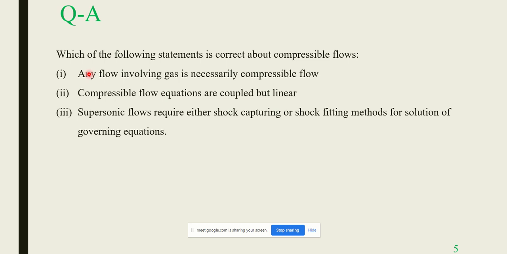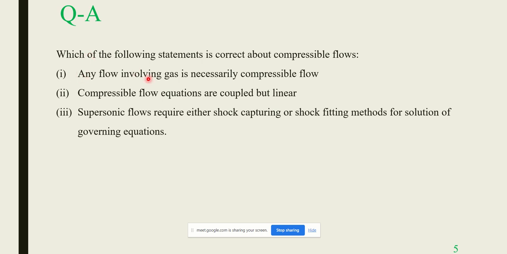So we all know that when we say compressible, the density changes. So what does compressible flow mean in the context of CFD? If the density of the system changes, we say it is compressible. But how are we defining it with respect to the problems and in CFD?